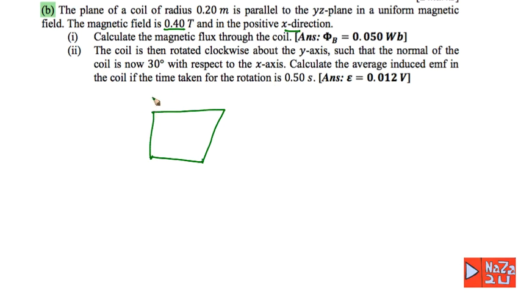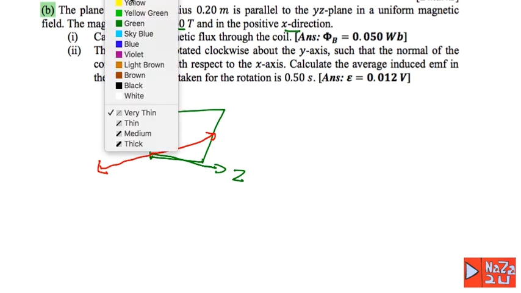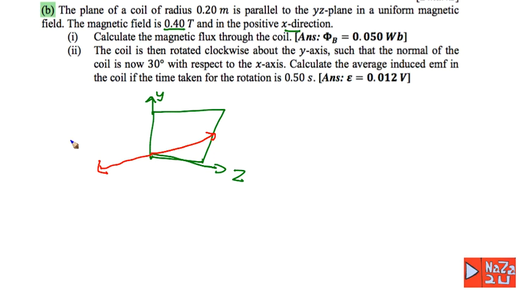So this is Y, and this is Z. Now you have a magnetic field through the coil in the positive X direction, because Y and Z are at 90 degrees to X. So this is the direction of X, meaning the direction of B through the area.